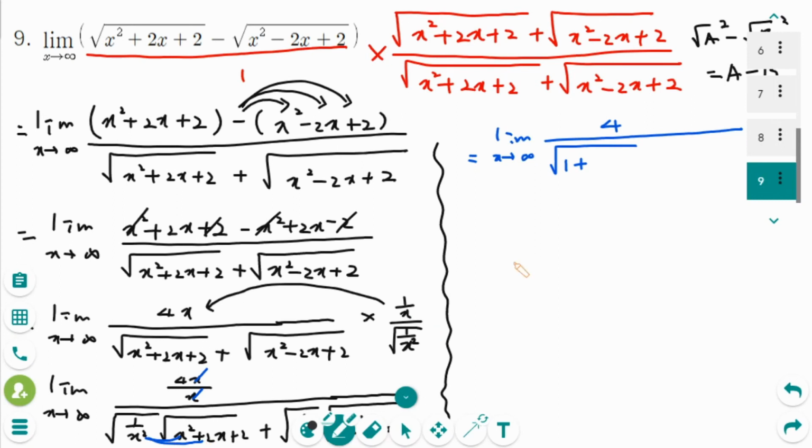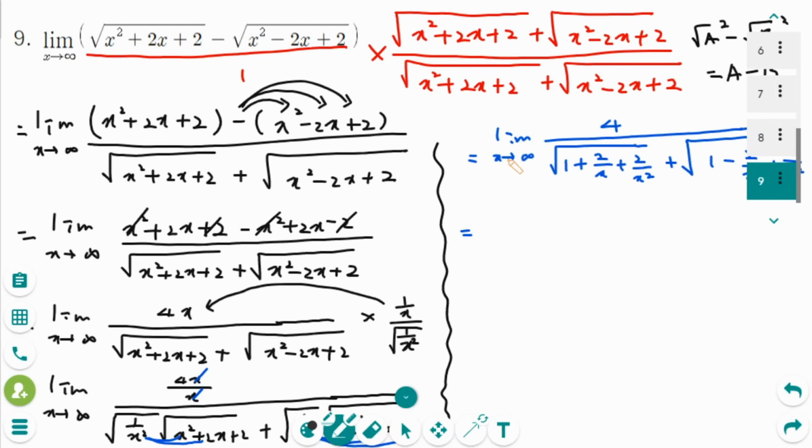And then the second one is 2 over x, plus the third one is 2 over x squared. Plus the same thing: the first one is 1, minus 2 over x, plus 2 over x squared.